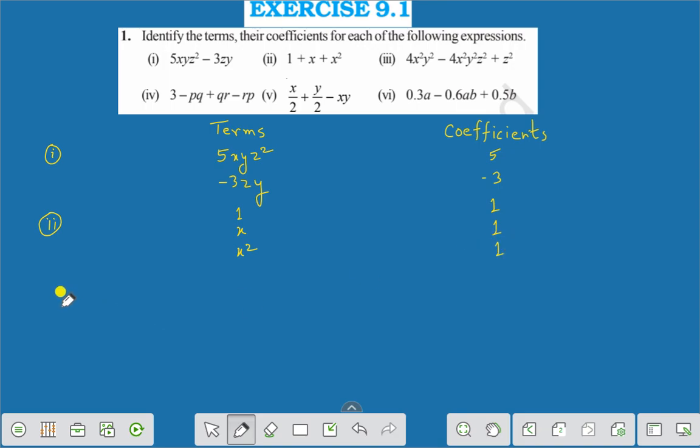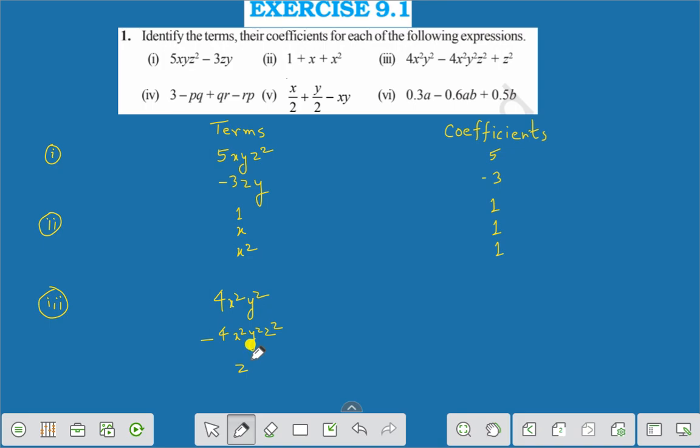Now question number 3. In question number 3, there are three terms. One is 4x square y square. Another term is minus 4x square y square z square.